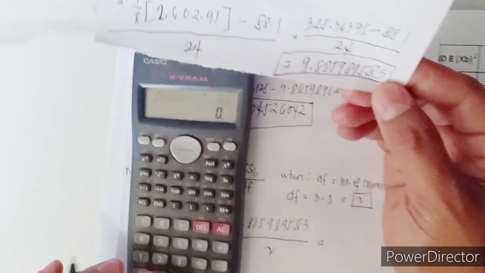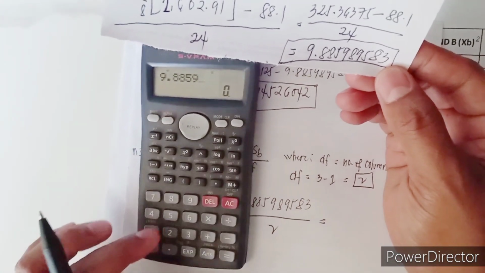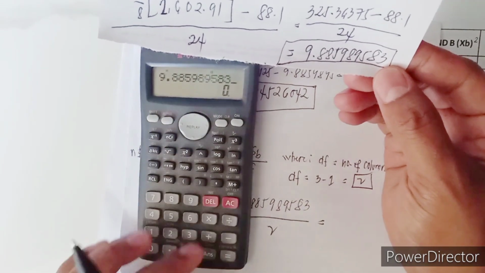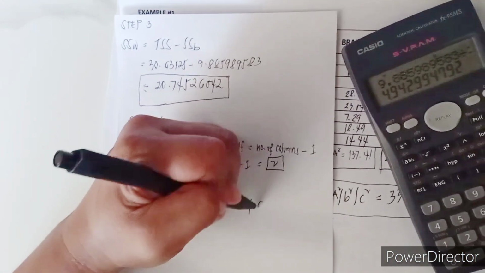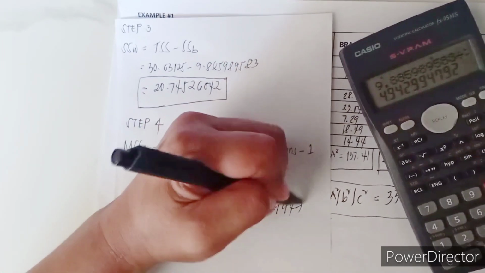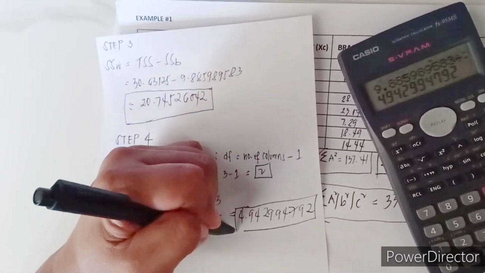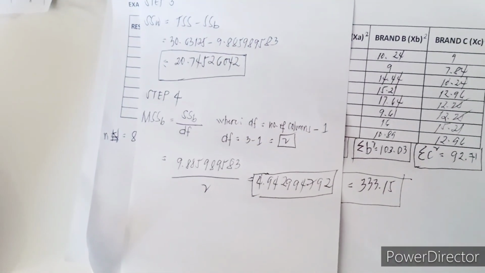So, using our calculator, 9.885989583 divided by 2 is equal to 4.94299479. Sa exam nila, i-indicate na lang natin kung ilang digits ang kukunin nila sa bawat step. Okay, let's proceed to our step number 5.